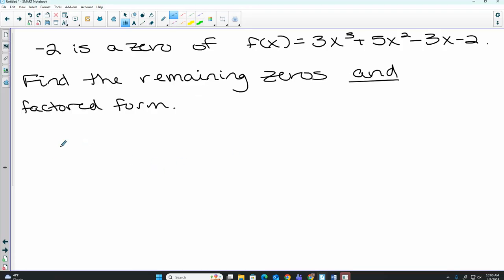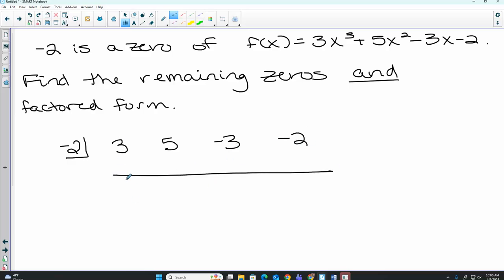Okay. Since I need to factor it, we're going to start with our -2. We'll do our synthetic. Three comes down, times -2 is -6. And I get a 0 here. How did I know I was going to get a 0?